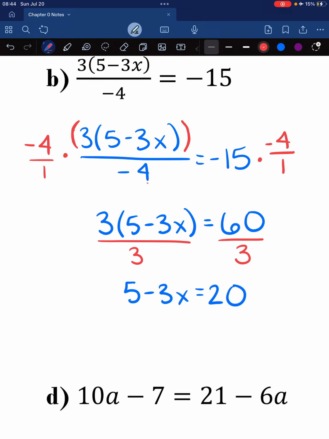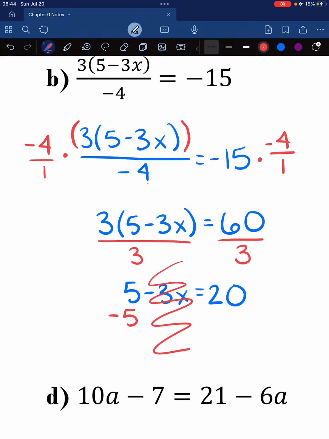Okay, I need to get rid of this 5, and it is so tempting to add 5 to both sides because you see this subtraction. But even though it's subtraction, remember it's also like adding a negative, and that negative belongs to the 3. In order to get rid of the 5 on this left side, we need to subtract 5.